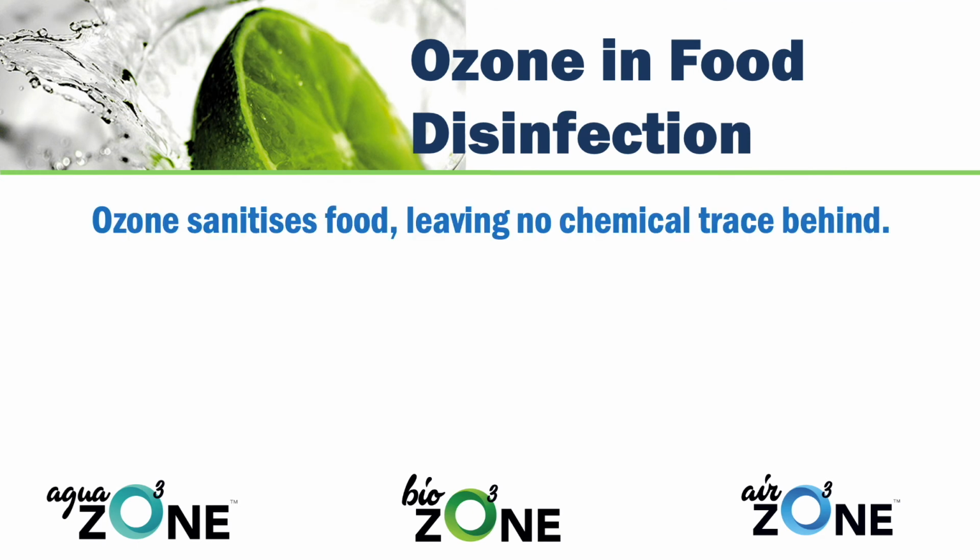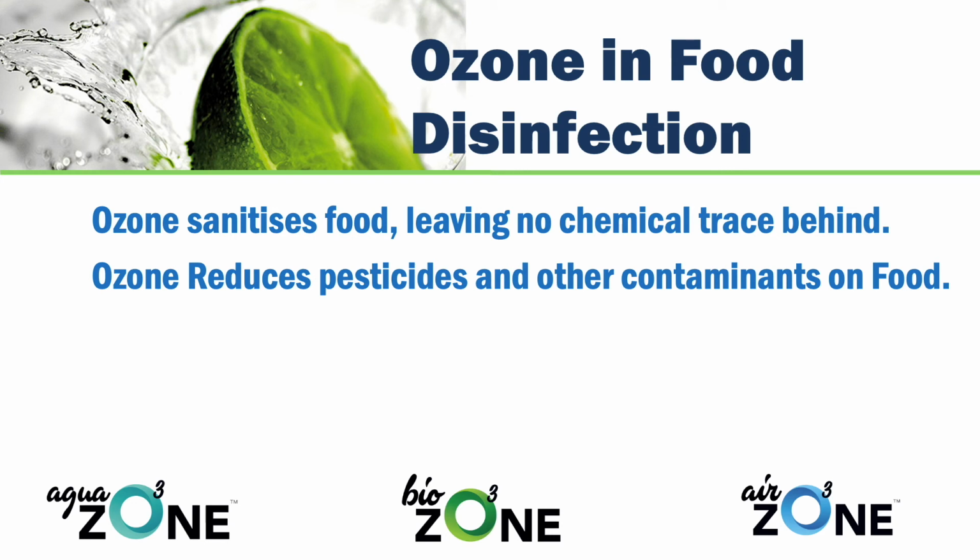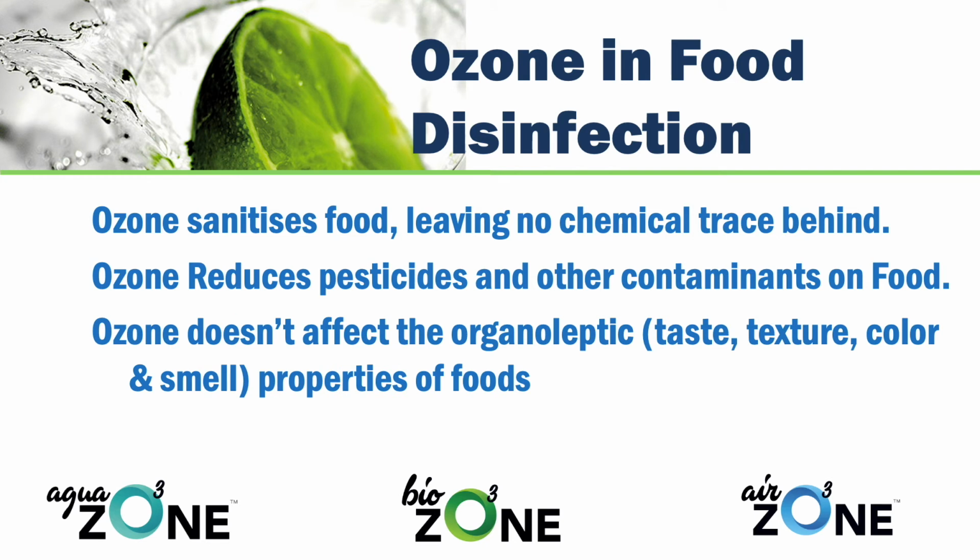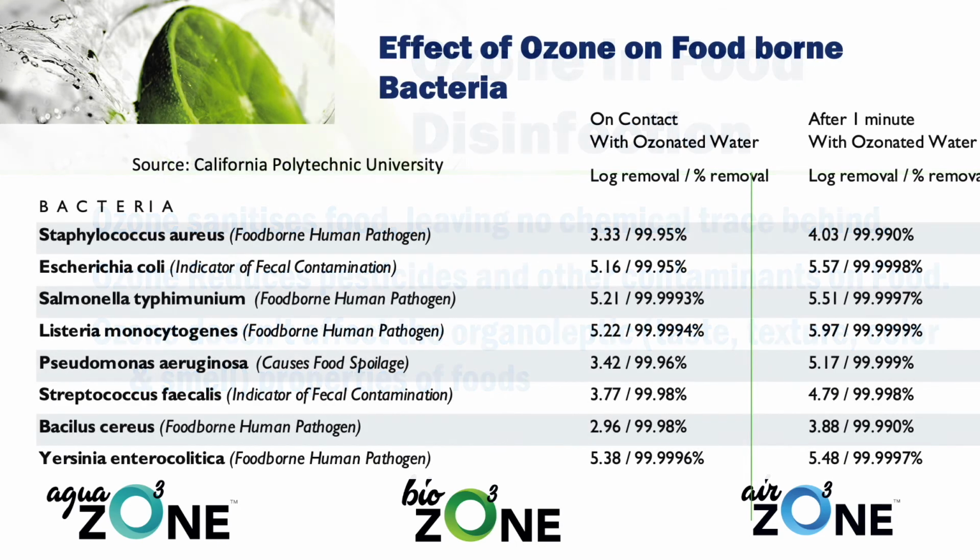In food disinfection, ozone will sanitize food, leaving no chemical residue behind. Pesticides and other contaminants found on food can be removed with a rinse with ozone. Ozone doesn't affect the organoleptic properties of food, such as taste, texture, color, and smell.